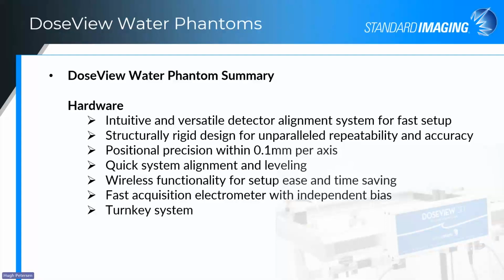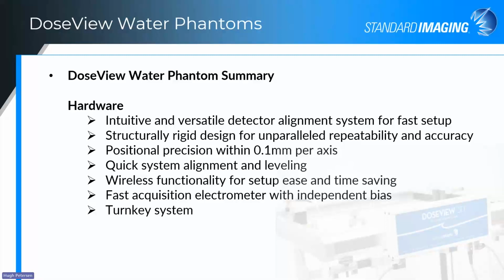We also have one specifically for our A19, which is very similar in size and scope to not only our Farmer chamber, but other manufacturers' Farmer chambers as well. Parallel plate chambers, so the Markus chamber or the Roos chamber from PTW. Those are all included with the system. Something else I didn't mention is that the chambers can be set in either horizontal or vertical alignment on the chamber carriage within this system as well.